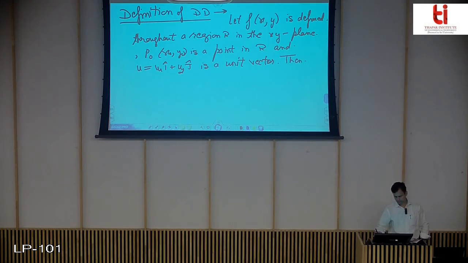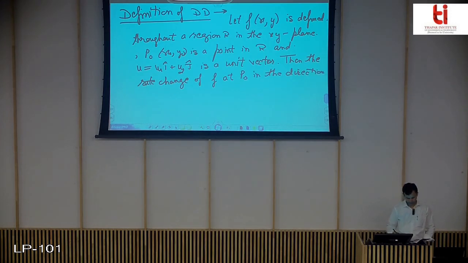Then the rate of change of f at P naught in the direction of u is given by, we are not going for the derivation of this result, we are just stating it as such, df/ds at (u, P naught), or simply D_u f(P naught).